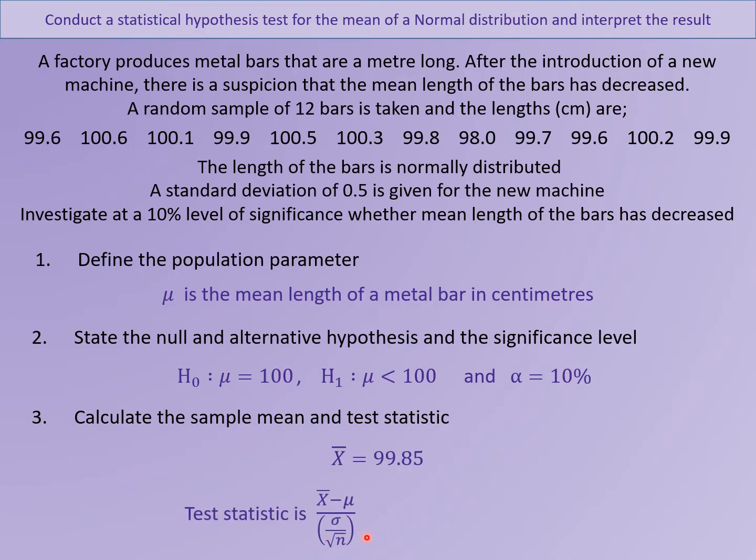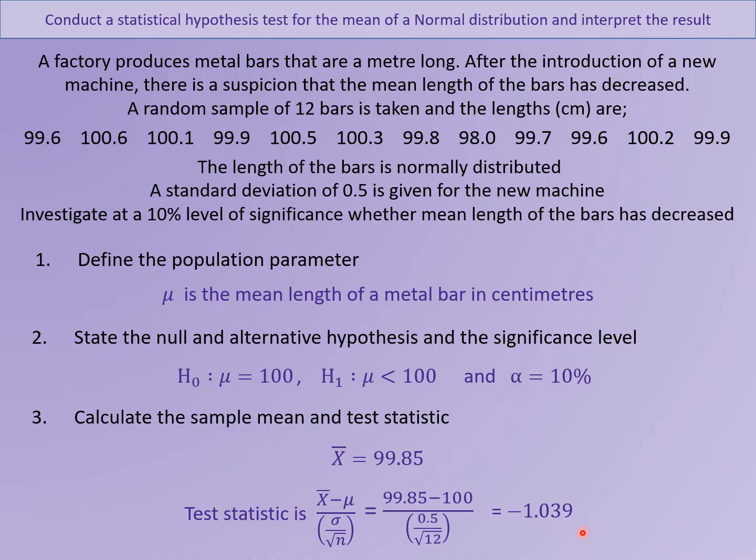The test statistic is worked out using this formula. So we've got our sample mean, take away the population mean, which is 1 metre, divided by the standard deviation over the root of the sample size. So if I type that in my calculator, 0.5 being the standard deviation, 12 being the sample size, I get minus 1.039.